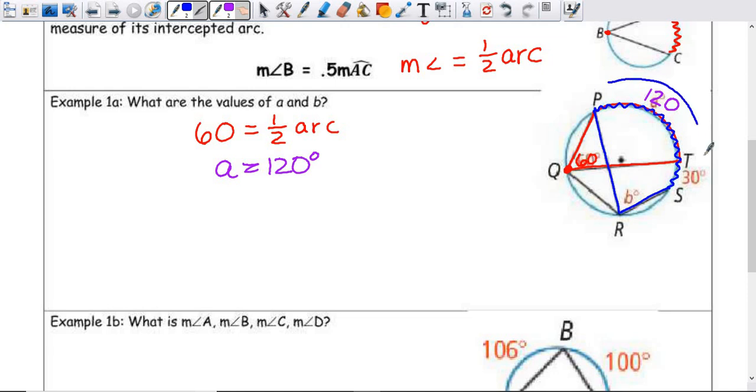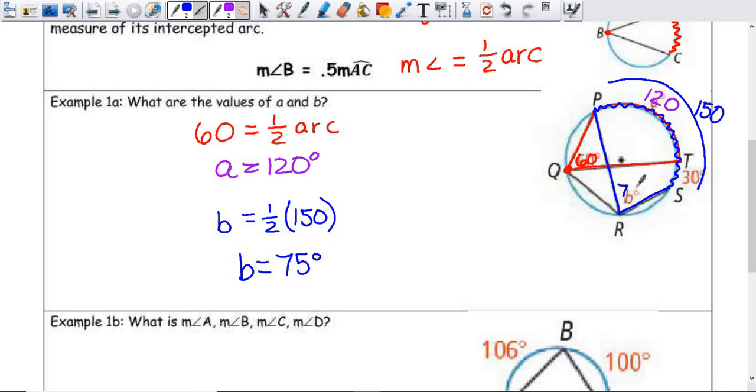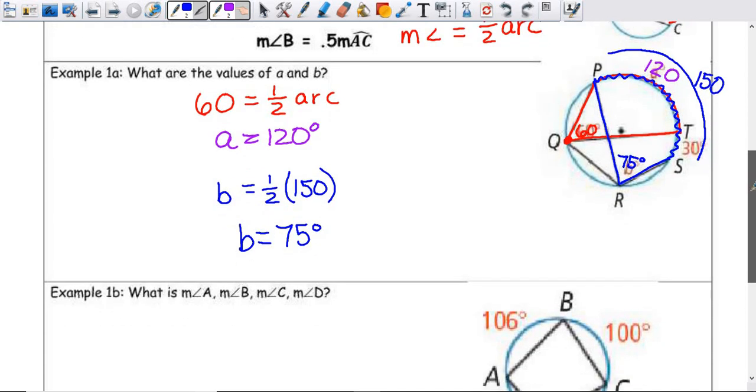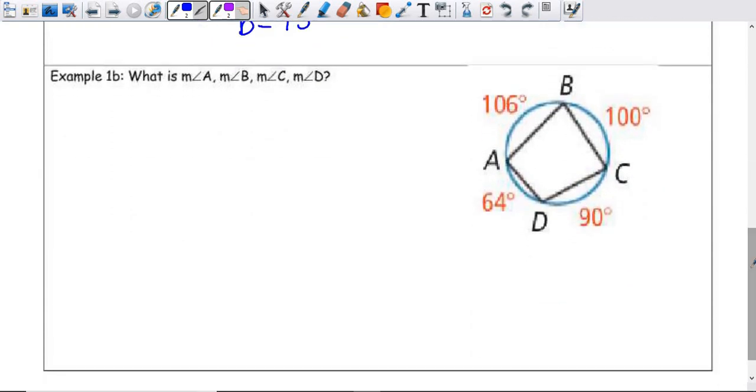So now that I know this is 120 and that is 30, that makes a total of 150. So angle B has to be equal to 1/2 of the arc that it goes with, which is 150, which means B is 75 degrees. Okay, so it's always important to draw on these pictures to figure out which arc or which angle goes with which parts.